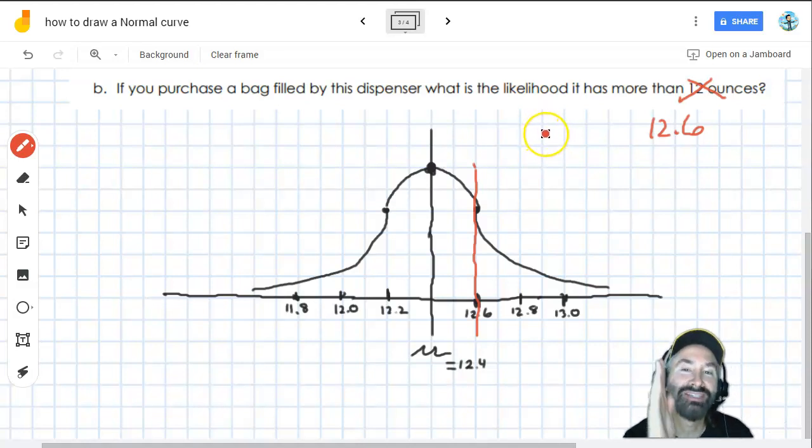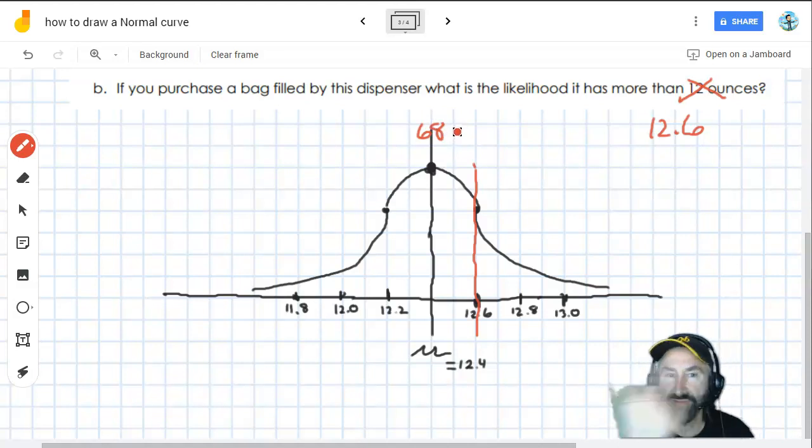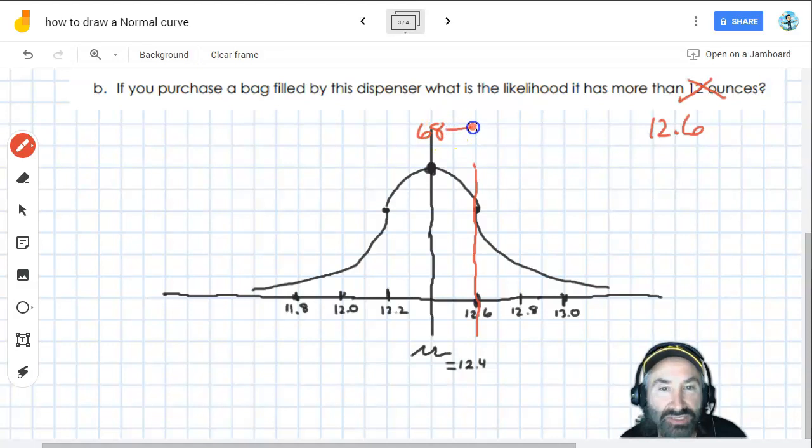As long as we have exact increments of one standard deviation or two or three, we can use the empirical rule, the 68, 95, 99.7 rule. Now, with the empirical rule, what we know is that the middle, from one standard deviation away in either direction, is going to be 68% of all of our data.